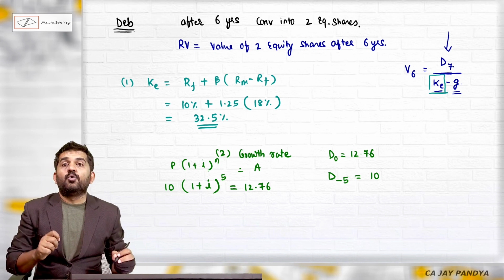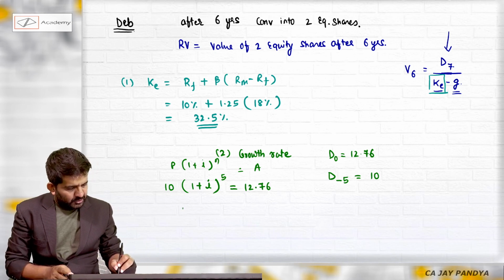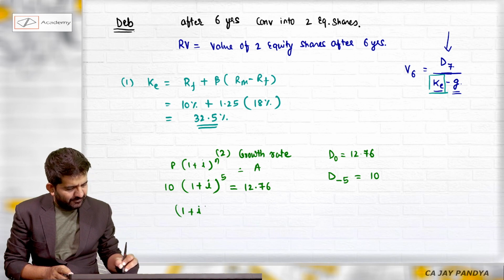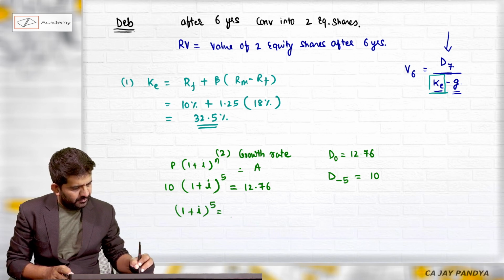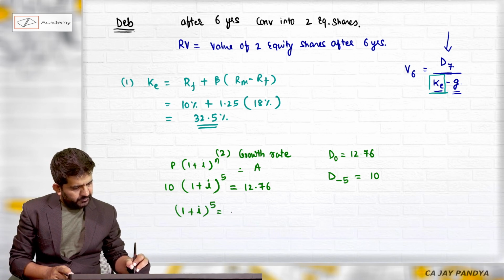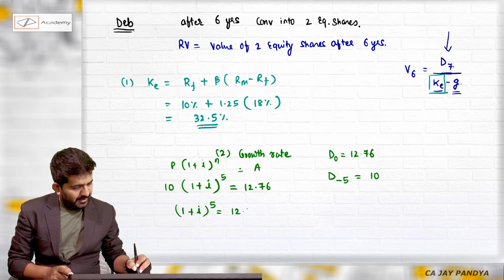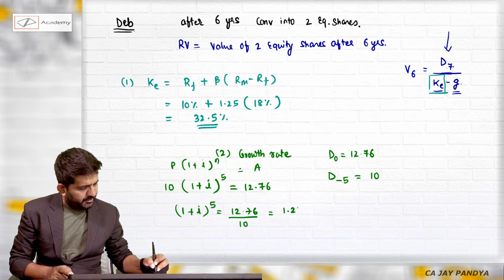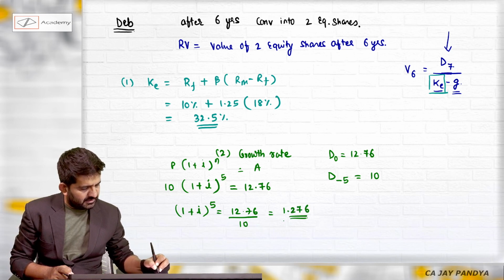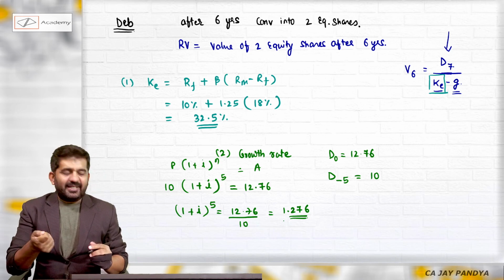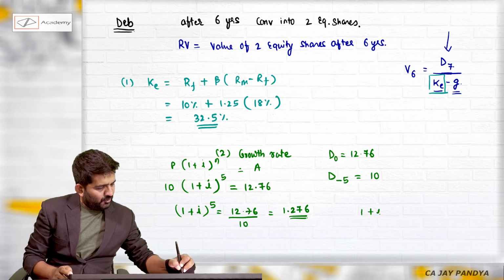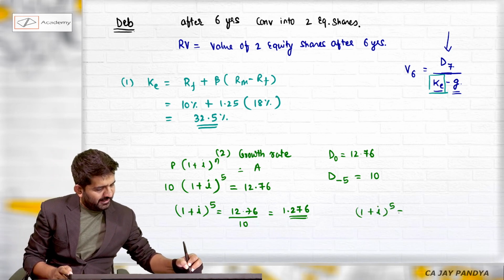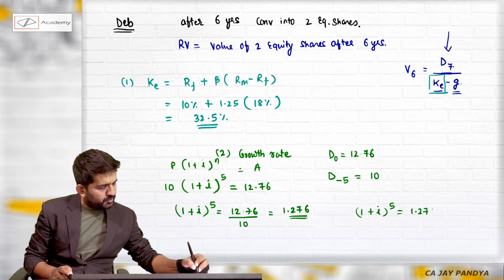But here I don't know I. So 1 plus I raised to 5 is equal to 12.76 divided by 10, which is 1.276. So practically I need to find out this. 1 plus I raised to 5 is 1.276.